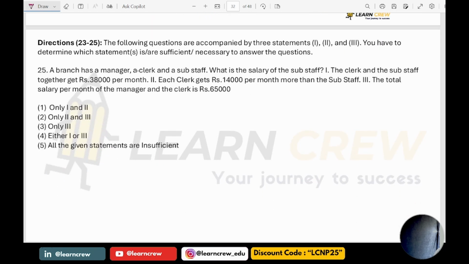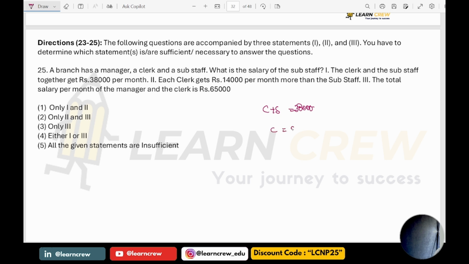A branch has a manager, a clerk and a substaff. What is the salary of the substaff? The clerk and the substaff together get 38,000 rupees. And each clerk gets 14,000 rupees more than the substaff.